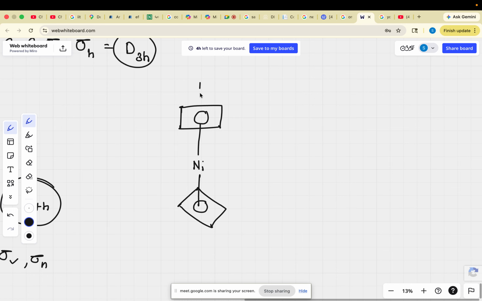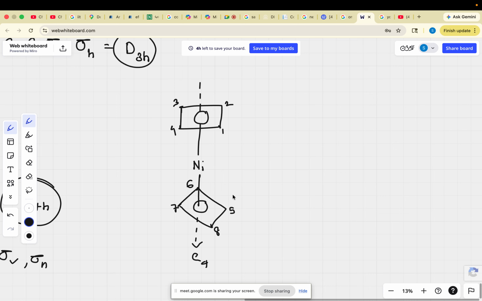If you pass a C4 axis from here and rotate by 90 degrees, that time also you will get your equivalent structure. Suppose this is your 1 2 3 4 and this is your 5 6 7 8. They will just interchange their position if you rotate by 90 degrees. So the C4 axis is present here.